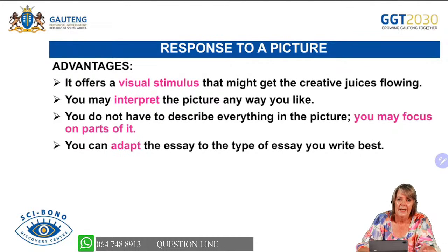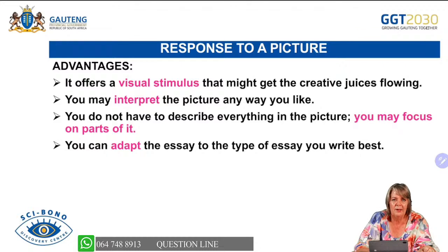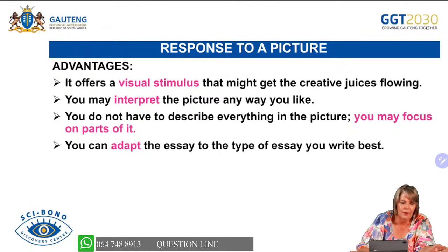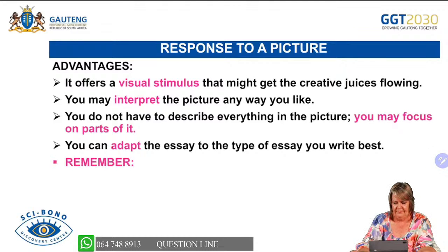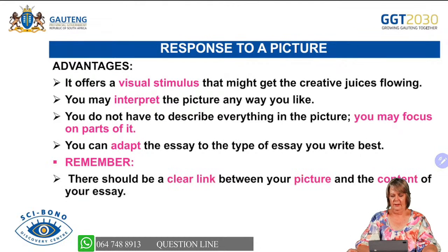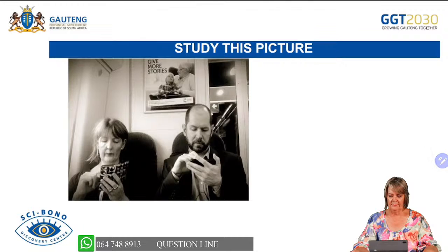And by the way, when you write your task 3, you don't have to stick to a narrative essay or an argumentative essay or a discursive essay. There will be elements of all of them in any one of the essays that you write. Just remember that there should be a clear link between your picture and the content of your essay. That is of so much importance.